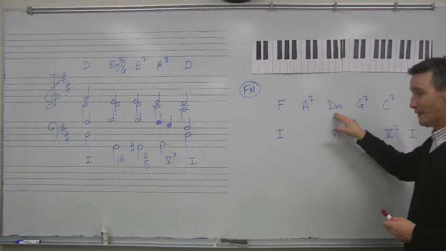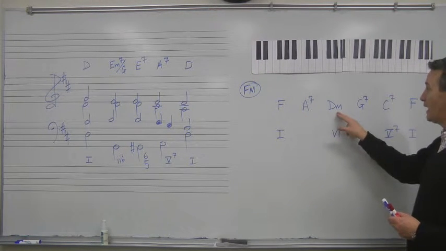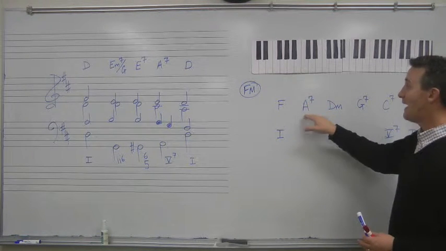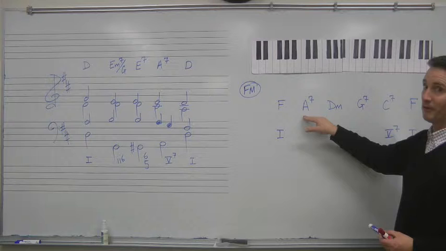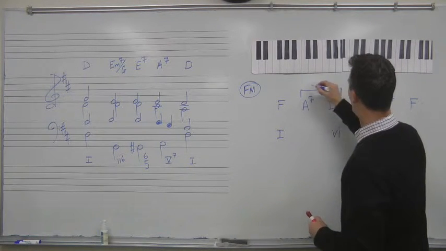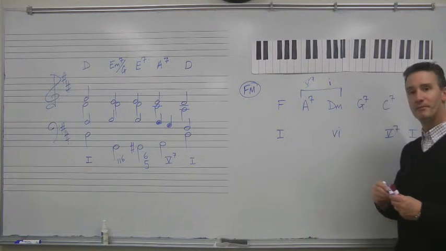Well, if we were in the key of D minor, A would be our dominant. D minor being our tonic for a moment, D, F, A would be our dominant. And so there would be in D minor a 5-7 to 1 relationship.